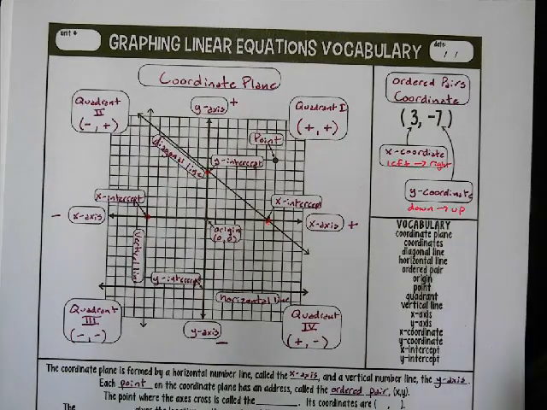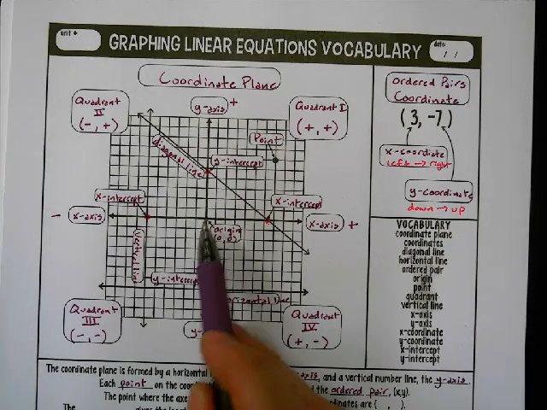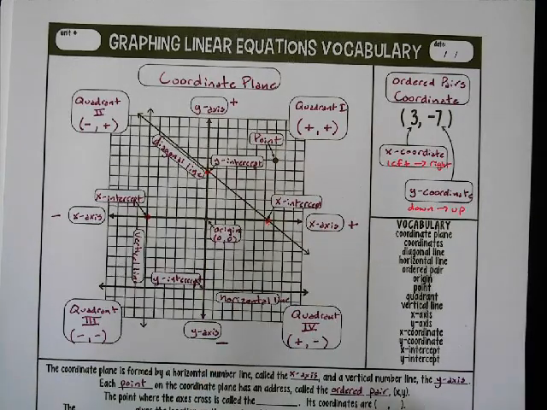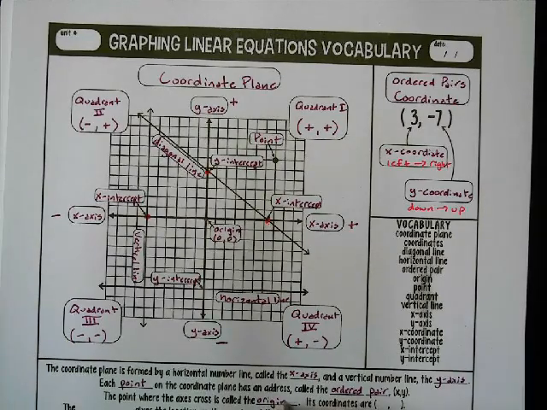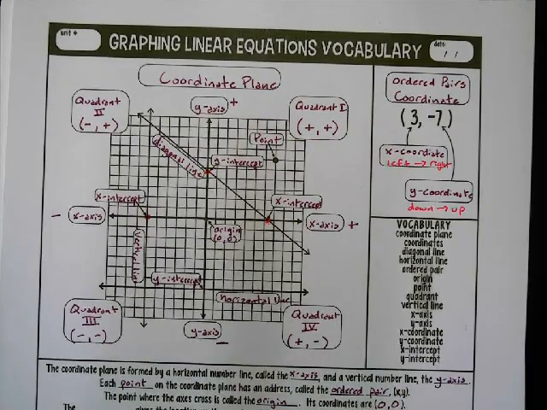The point where the axes cross, that's this point here, is called the origin, and its coordinates are (0, 0). The equation with two variables has a number of solutions.